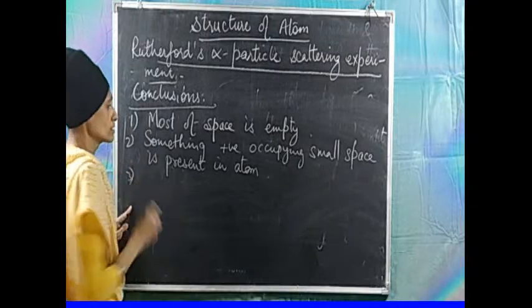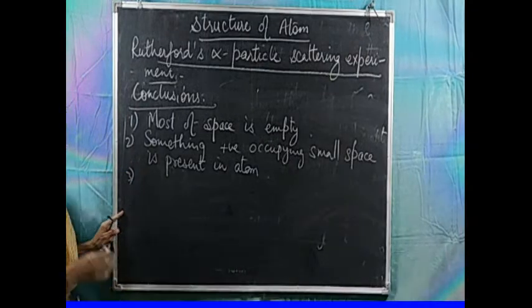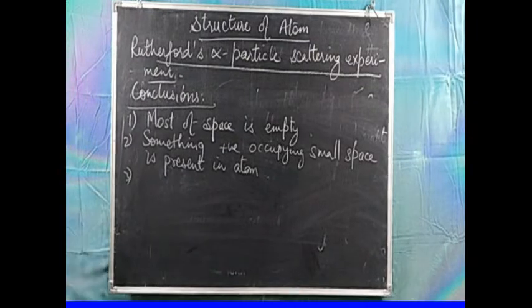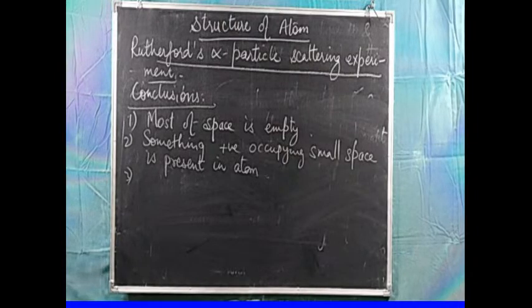And third observation was that few particles bounced back at an angle of 180 degrees. That means something hard is there which occupies very small part, very small space.